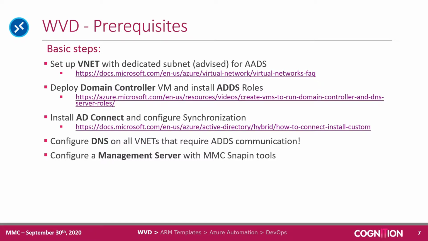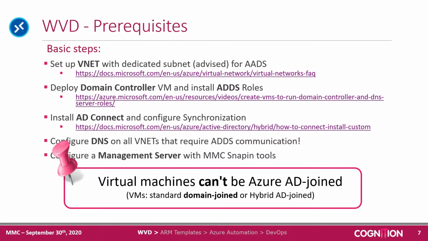Make sure that you have a DNS server configured on your VNet so your virtual machines can communicate and join that domain. And of course, according to best practices, make sure that you configure a management server with all the snap-in tools. And one of the things that is very important right now is that virtual machines cannot be Azure AD joined yet. So if we're talking about domain joining virtual machines, we're talking about standard domain joined or hybrid AD joined.